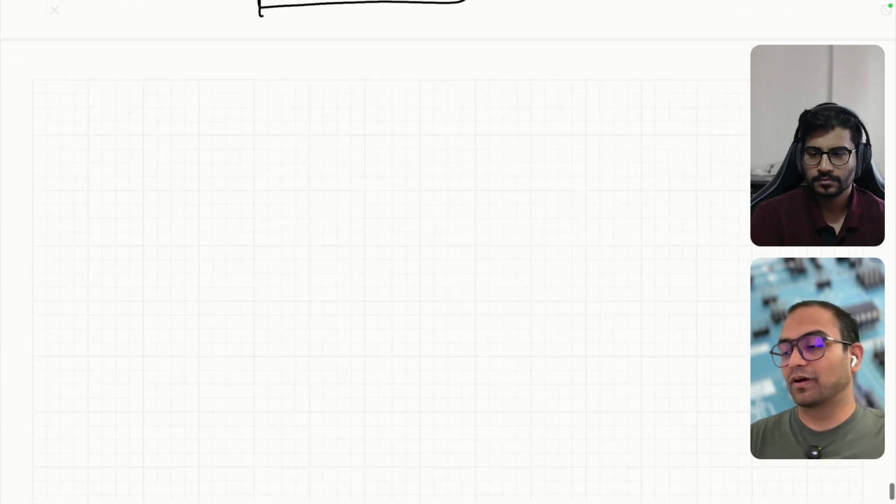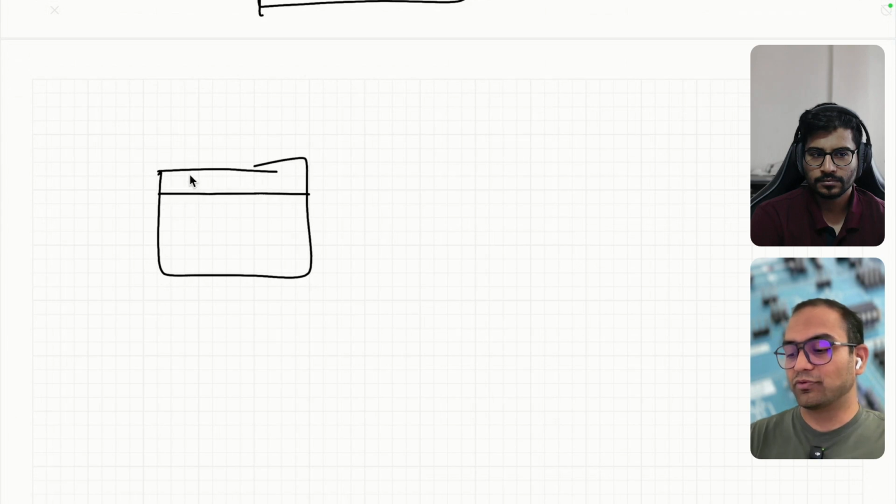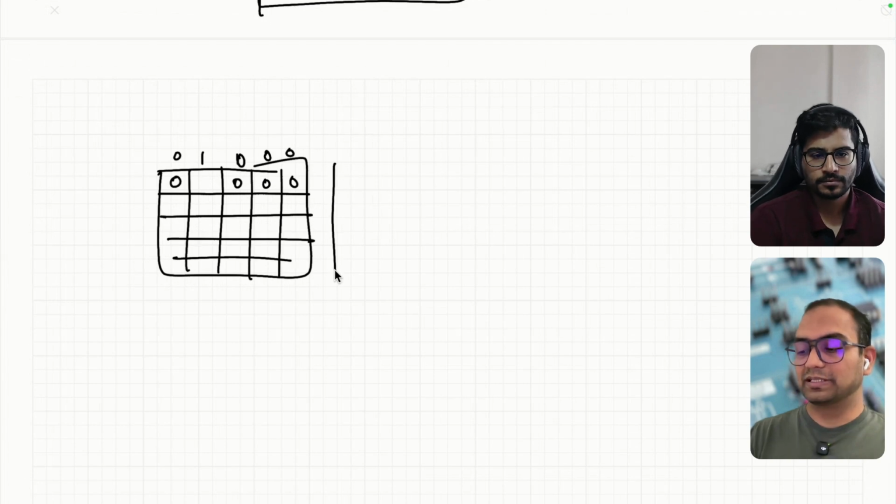A punch card was limited, and let's say you were to encode this number of bits. If you poke a hole here, that's a 0. If you skip it, then that's a 1. If you poke a hole here, that's a 0. This is how you would encode things, but the size is limited.